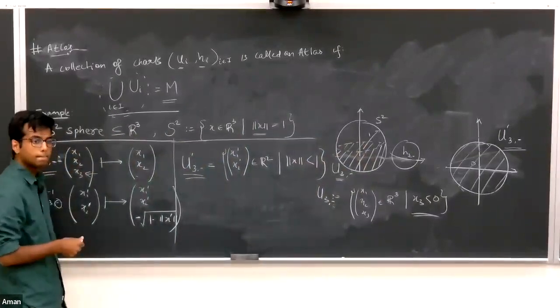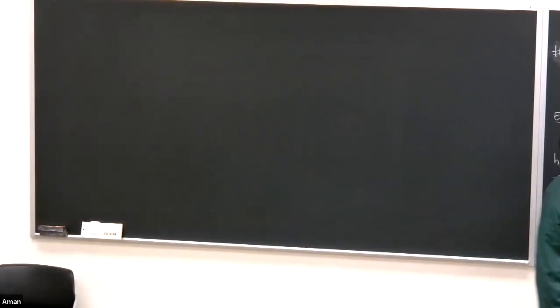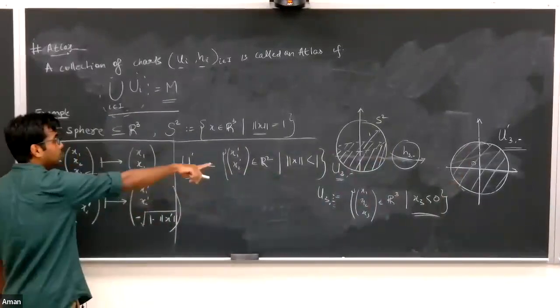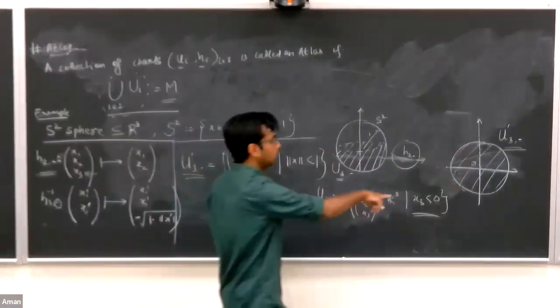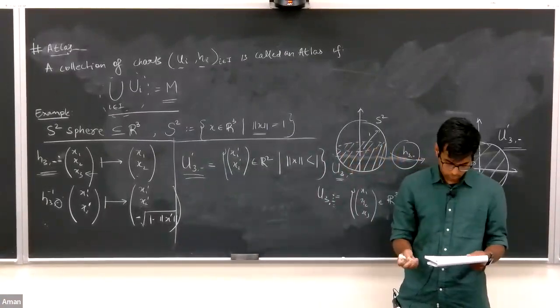Right? So you can see that we are able to get a forward map that goes from your manifold to the Euclidean space, and also a reverse map that goes from the Euclidean space to your manifold, right?